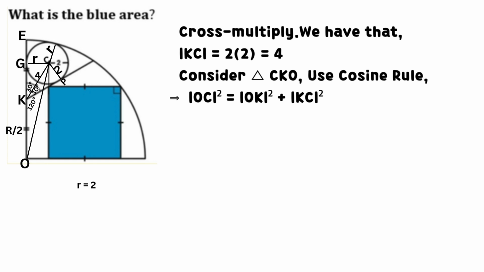Consider triangle CKO. Use cosine rule. The square of line OC equals the sum of the square of line OK and the square of line KC minus 2 times the product of line OK and line KC times cosine 150 degrees.